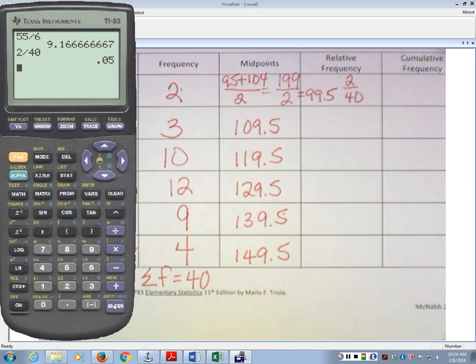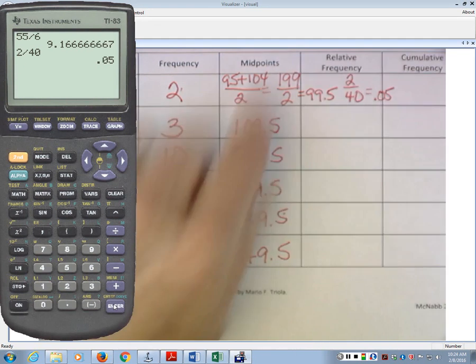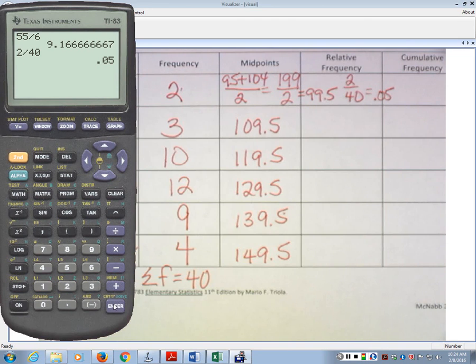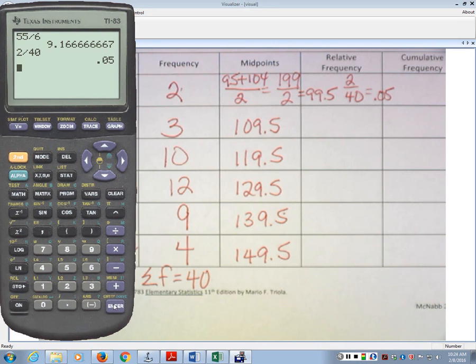That'll be 0.05. And here I don't have the luxury of just adding 10 every time because all my class frequencies are different. So the next one is 3 over 40. Oops, not 400. So it'll be 0.075.